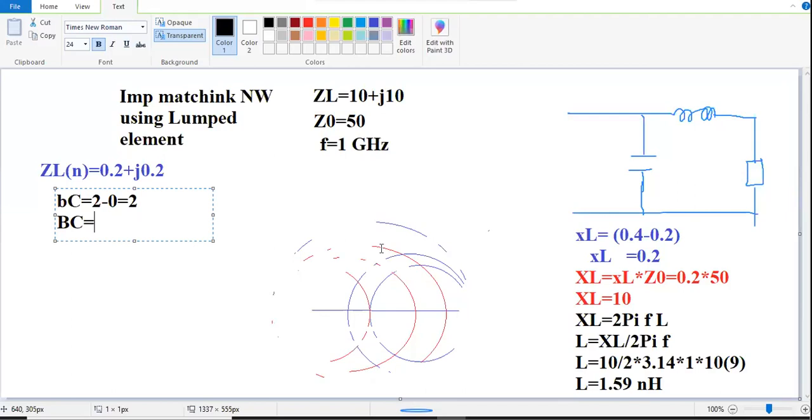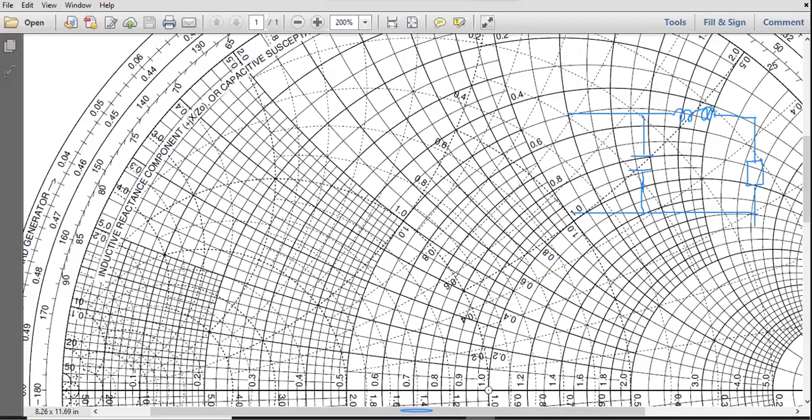Sir, why have you done 2 minus 0 for small bc? That 0 part I didn't get. 2 minus 0. Okay. Here I just rub it. So your Z0 was here. I'll just draw it again.